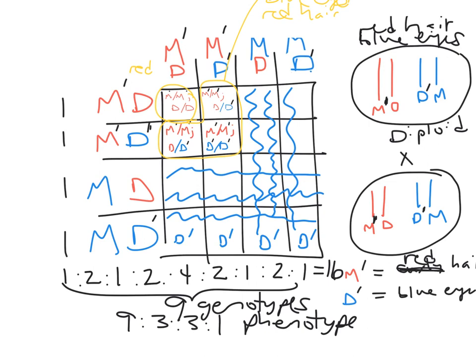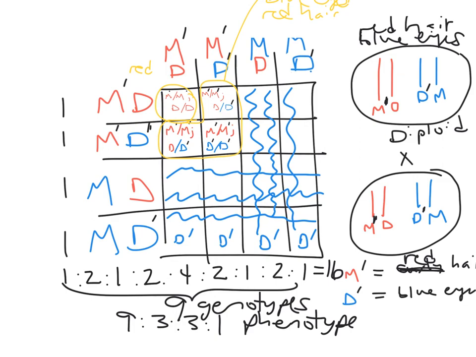Right. So one question I might ask related to this Punnett square is, if we crossed these two individuals that have red hair and blue eyes, what fraction of their offspring that have red hair and blue eyes, like the parents, will be pure breeding for that trait?